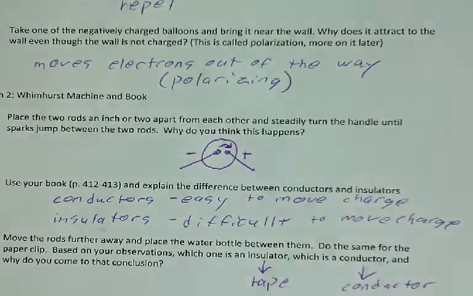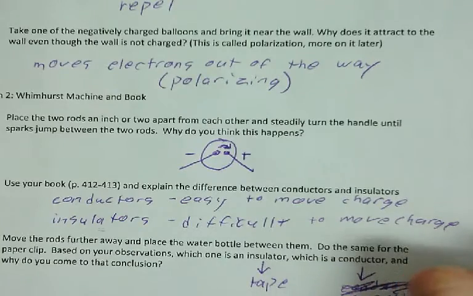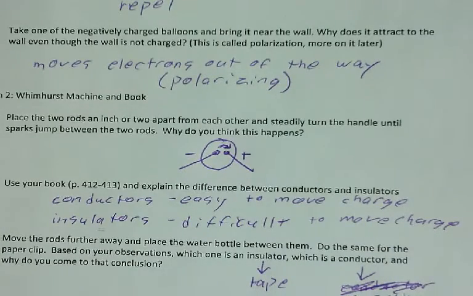The electricity does not want to go through the tape. It does want to go through the paper clip. And so that's why it moves through easily, because the paper clip is a conductor, but the tape is an insulator. Good?